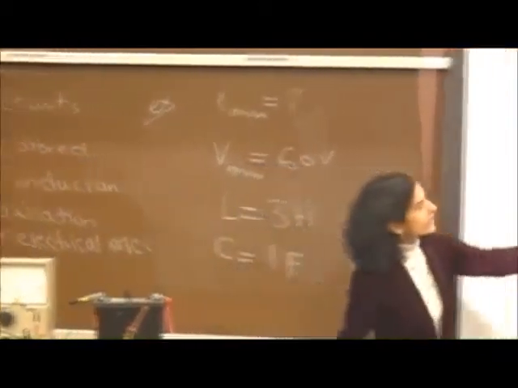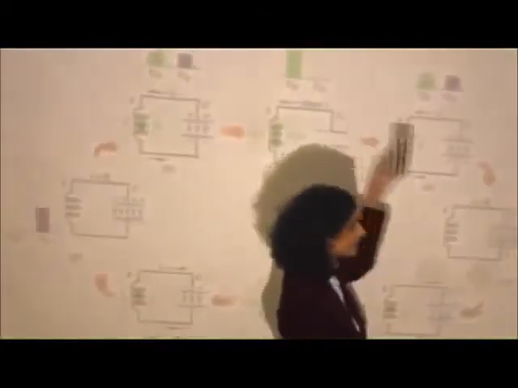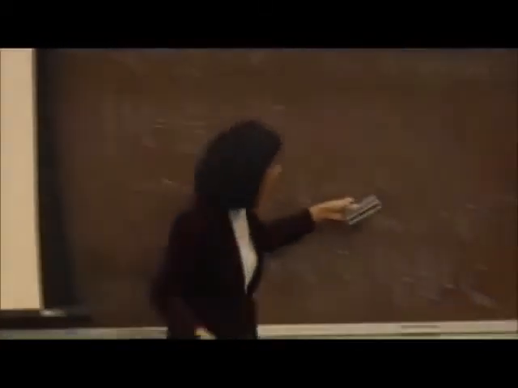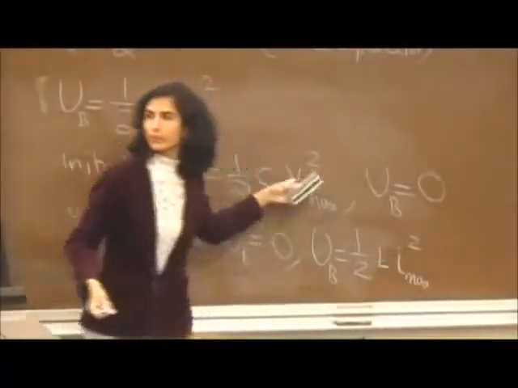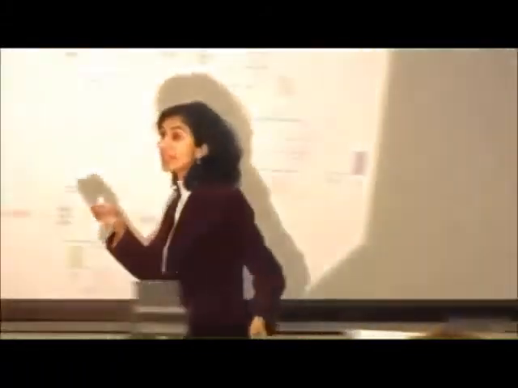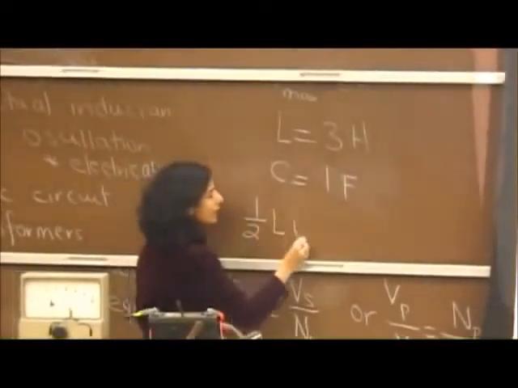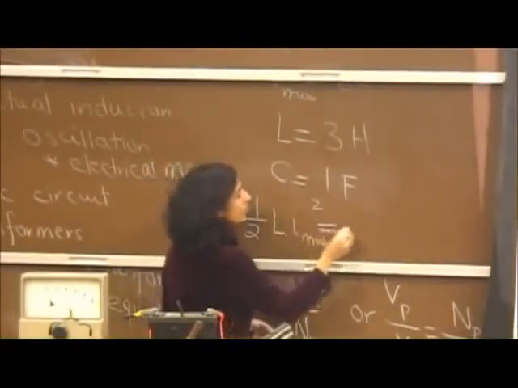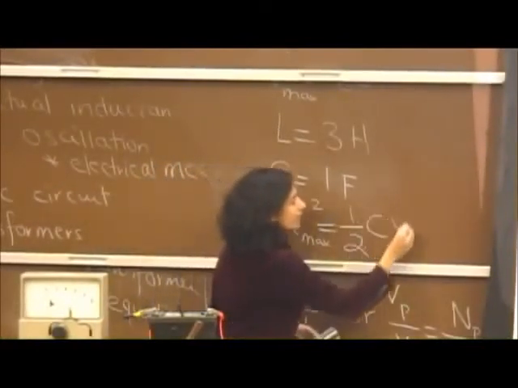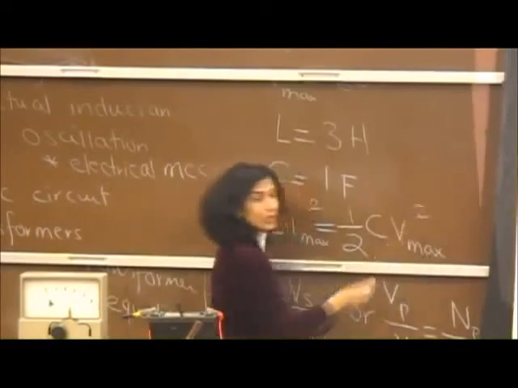If I ask you what is the maximum current in this circuit here, can you equate these two things? You can. You will say, I know that half L I max square should be equal to half C V max square. Wouldn't you say that?